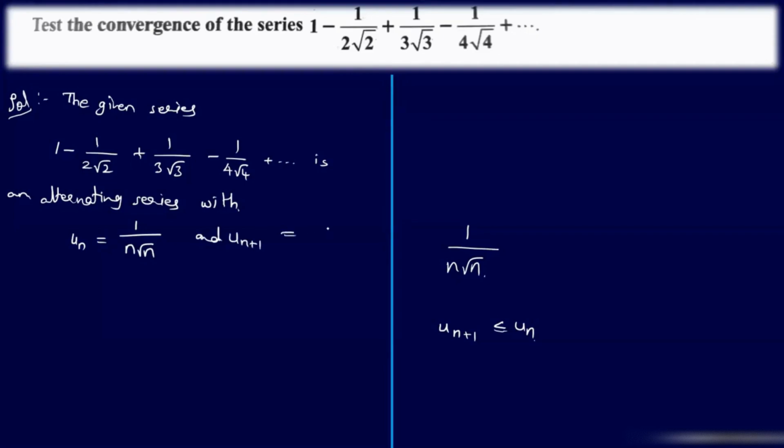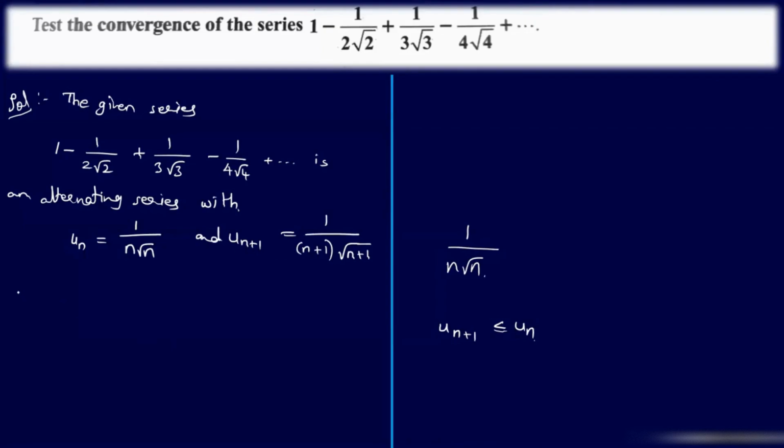Un plus 1 will be, replacing n by n plus 1, 1 divided by n plus 1 times square root of n plus 1. Now let's compare whether un plus 1 is less than or equal to un. When un plus 1 is less than its previous term, definitely we can say it is a decreasing series, and that holds for all n.